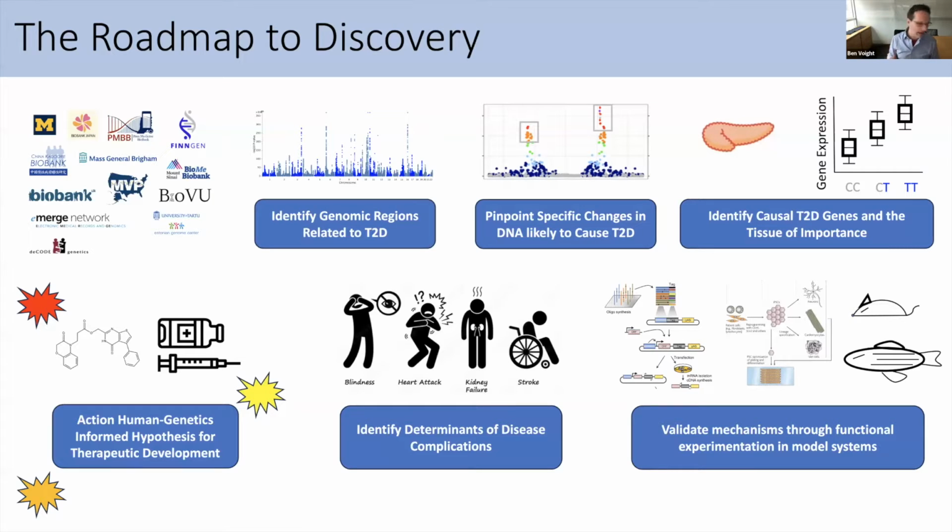But my claim is that those experiments are much more operational, armed with human genetics information. And then we can start bridging that to complications of disease, and ultimately that drives the directionality and gives us targets for therapeutic development. So to me, this is kind of like a roadmap. Maybe it's not a particular path with a single arrow. You could jump in at different places.